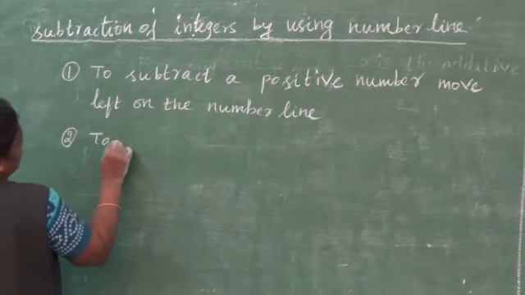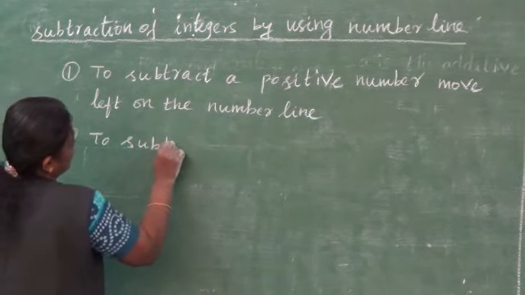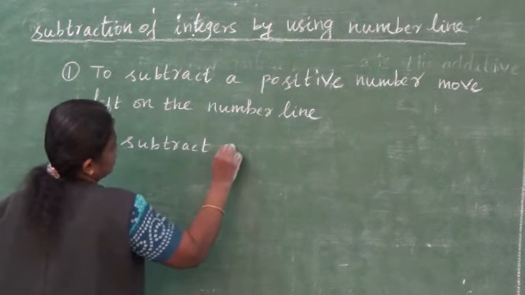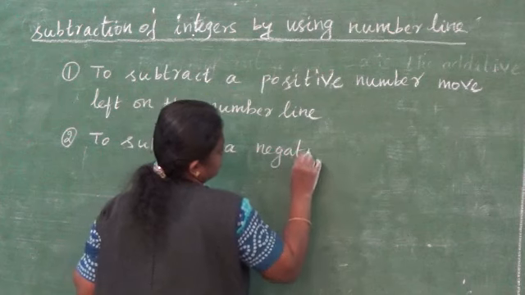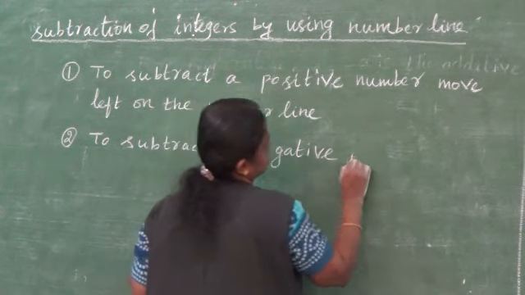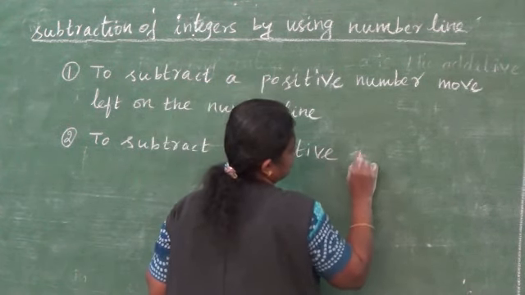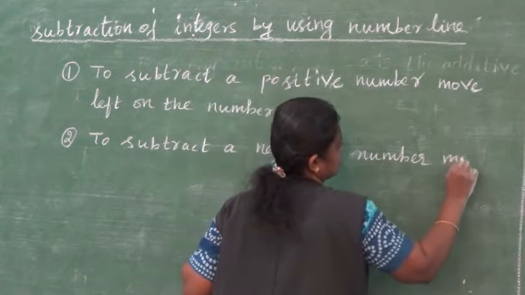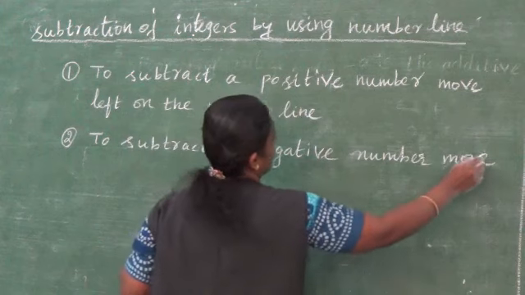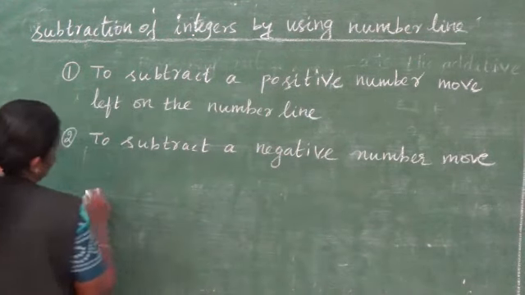Second rule, to subtract a negative number, move right on the number line.